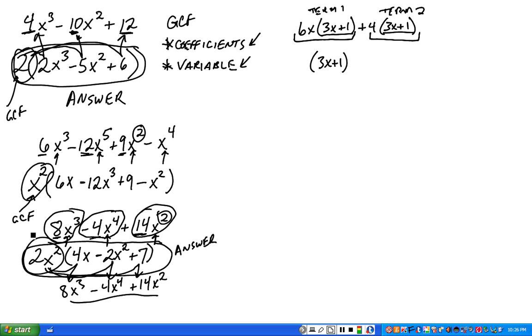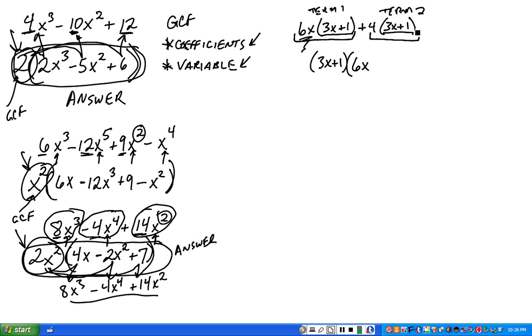Alright, so after we pulled out what they had in common over here, you notice we always wrote a set of parentheses, and inside the parentheses we would write what was left. So I write my parentheses, and what I notice is after I pull out 3x plus 1 in the first term, what's left is 6x.